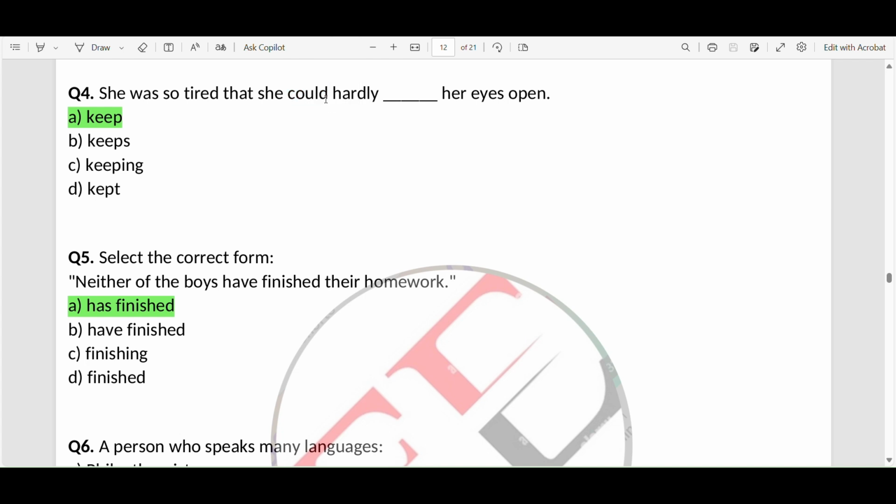When there are words like could, should, would, then you need to use the base form of the verb. What is the base form here? Keeps is not the base form, keeping is not the base form, and kept is also not. So keep is the base form of the verb, and keep will be the correct answer.